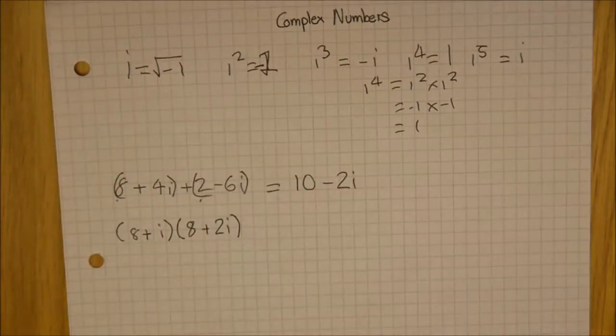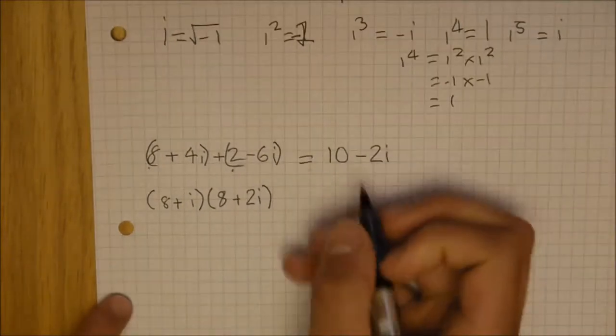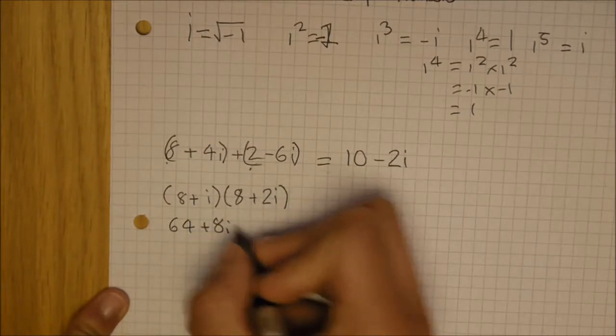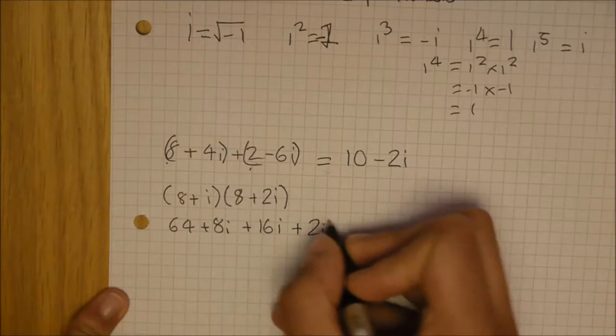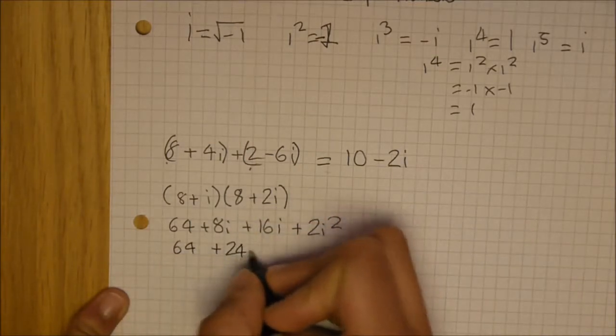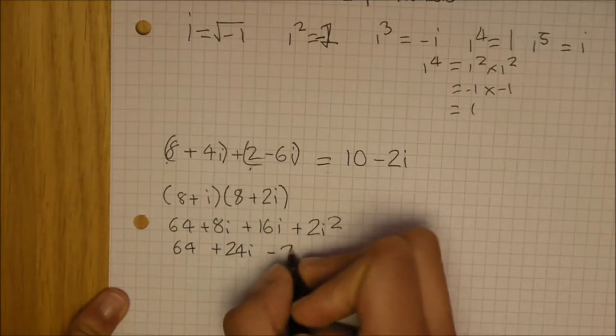Now this is going to be quite fun, because remember, when you multiply i together, it becomes i squared, which is going to become minus 1. So in this case, what we're going to have is 64 plus 8i plus 16i plus 2i squared, which is going to go to 64 plus 24i minus 2.